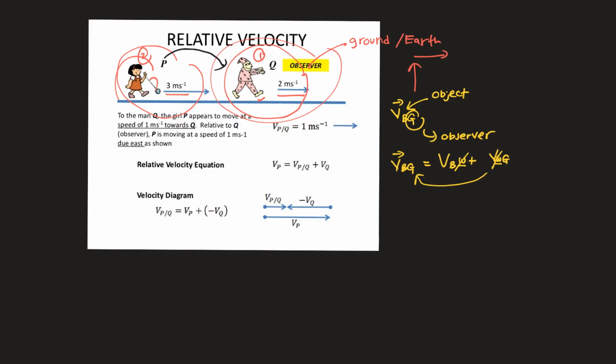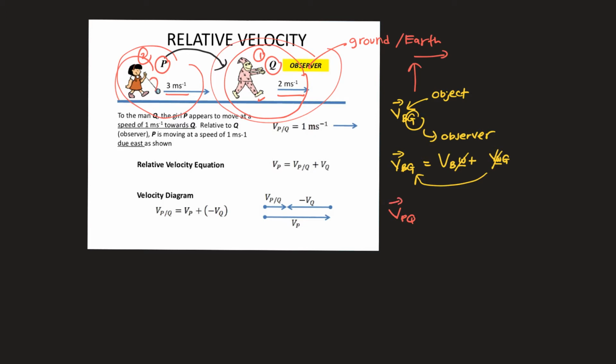For this kind of question, the first thing you need to do is come up with the equation. The observer I'm going to put as q, and the person that you observe as p. So we want the velocity of p with respect to q, where q is the one that observes the velocity of p.